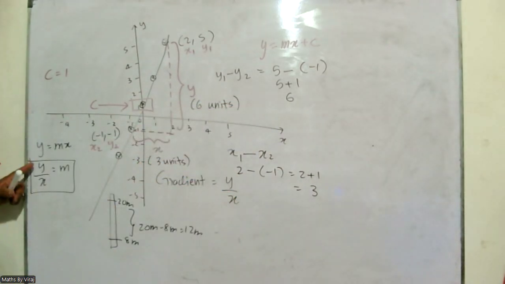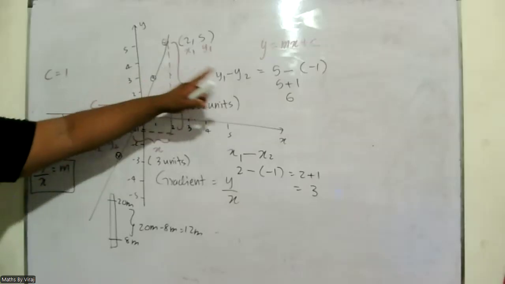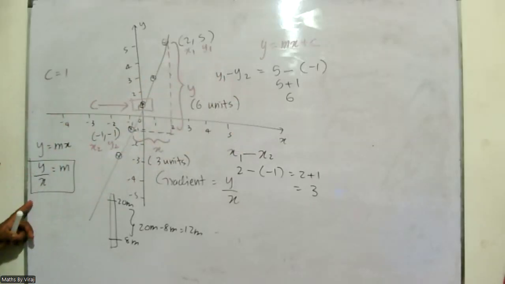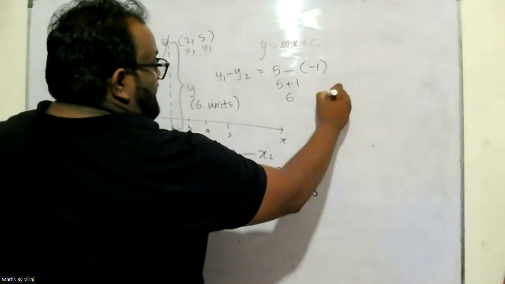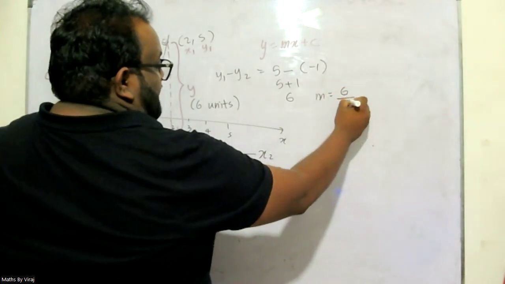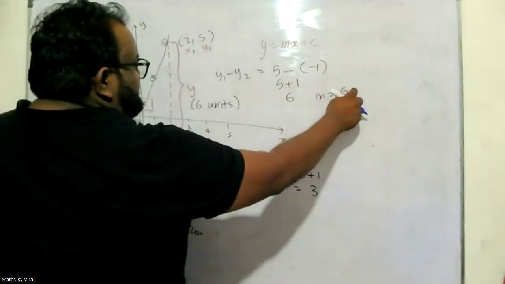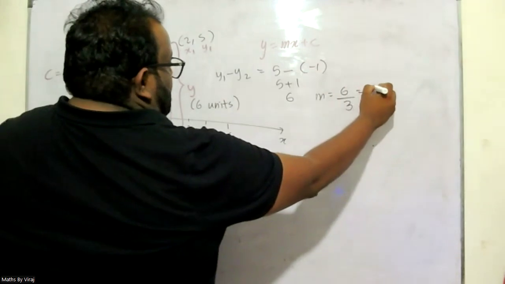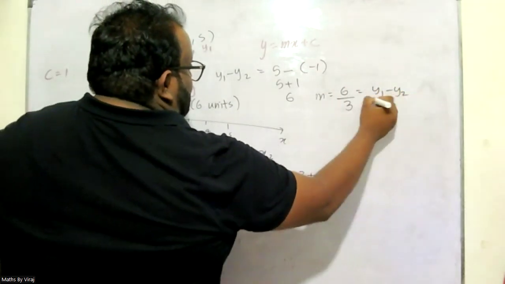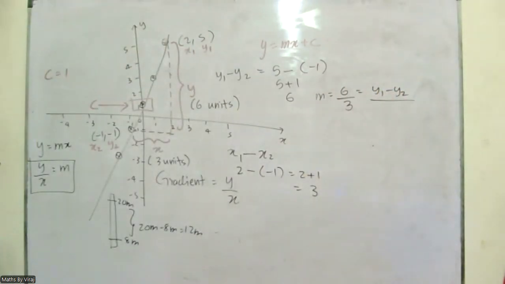We know that y divided by x gives you the gradient. Have I gotten the value of y? Yes, it is 6. What is the value of x? 3. Gradient is now y divided by x, 6 upon 3. How did I get 6? It was when y2 was subtracted from y1.